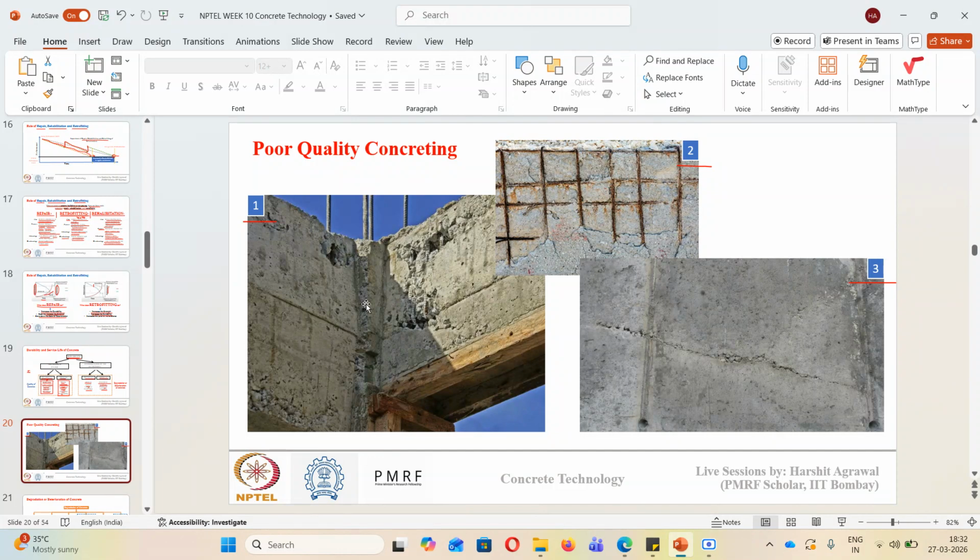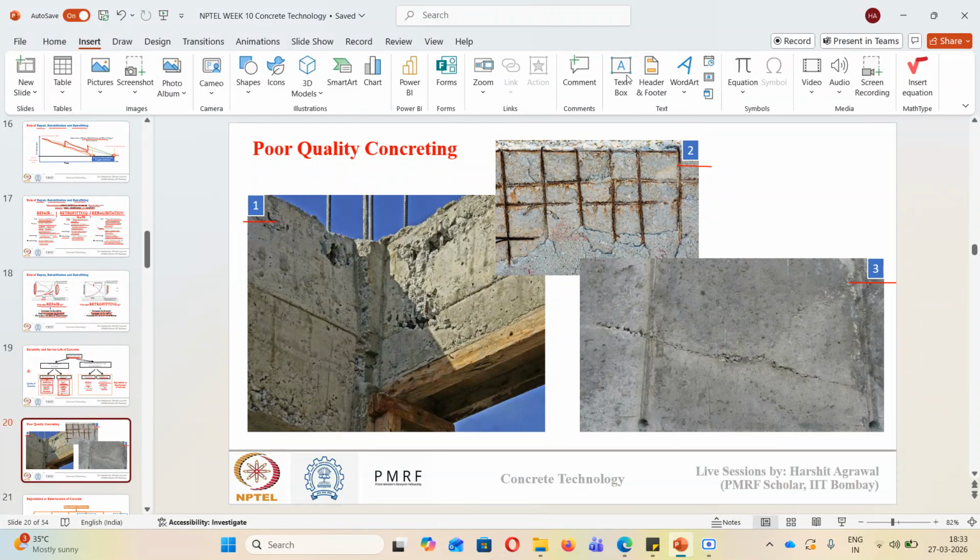Such things can give rise to big voids on the surface of concrete. These voids ease the ingress of aggressive chemicals from the surroundings into the concrete structure, which will raise durability concerns.